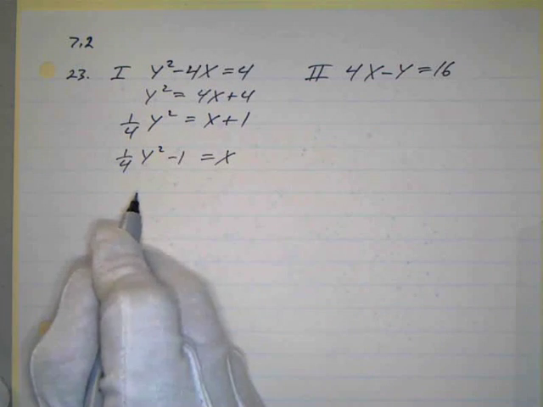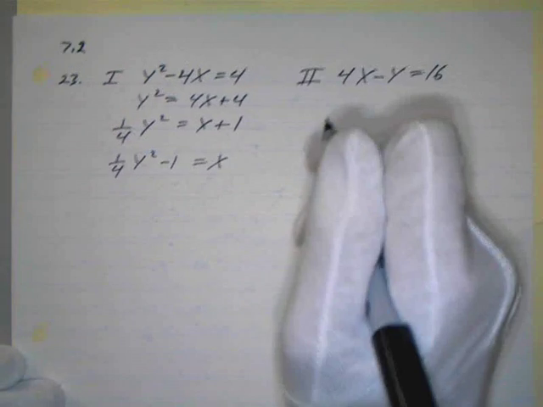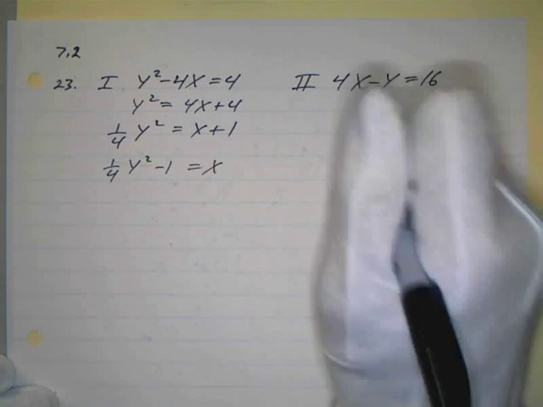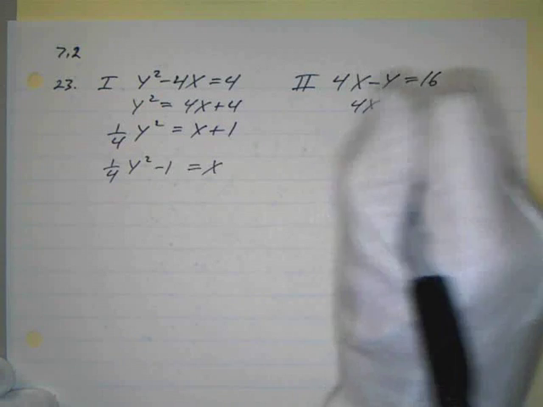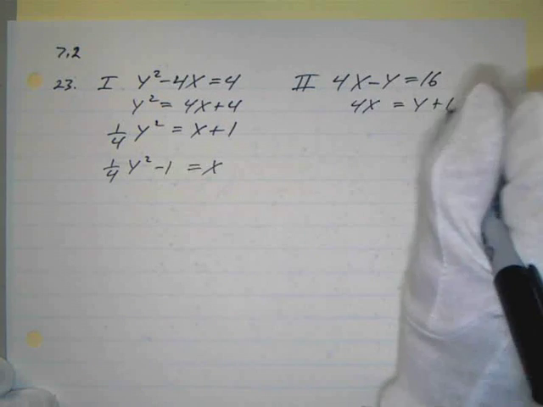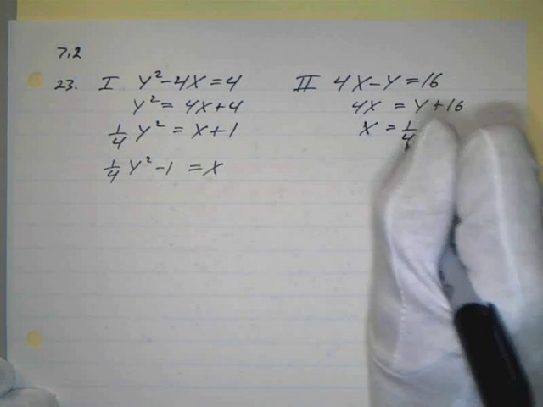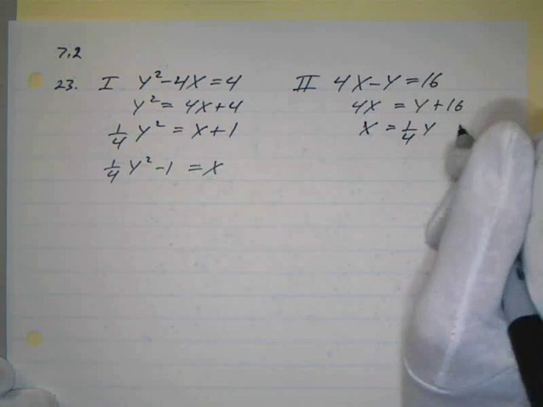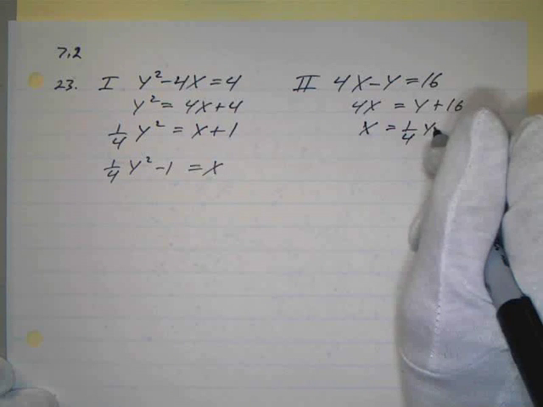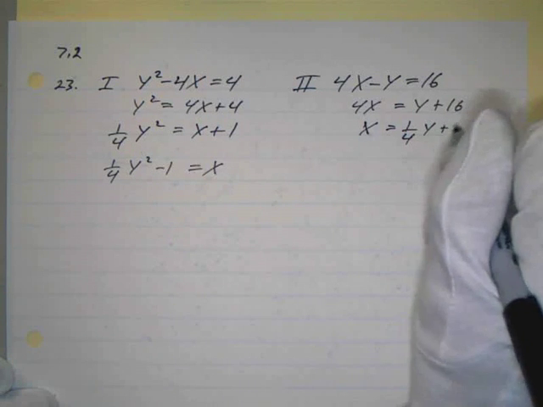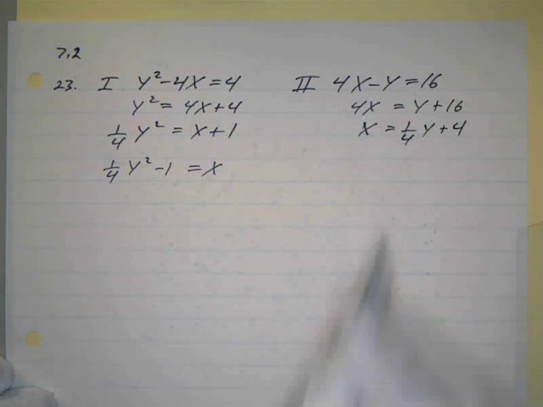So that's one value. And then for the other one, again to solve for x, I'll just add y to both sides. So I get 4x equals y plus 16, divide both sides by 4. So x equals, again, 1/4 y plus 4, divided by 4.